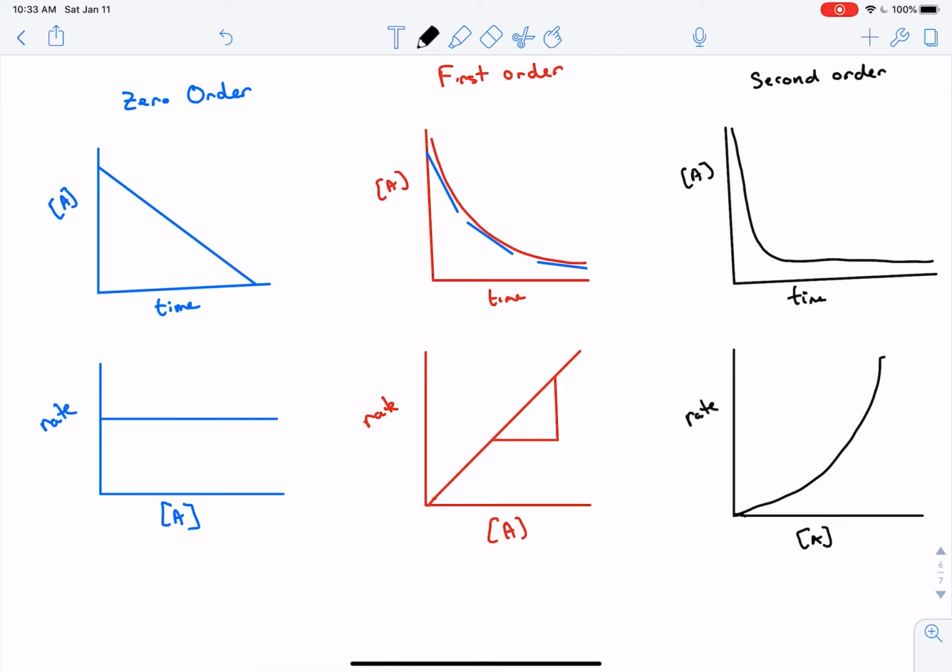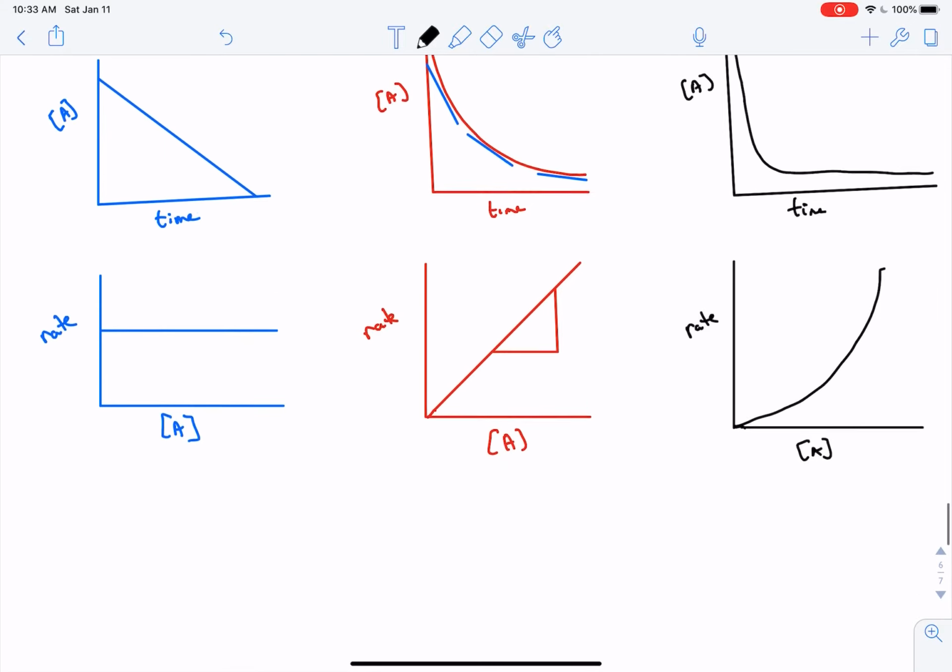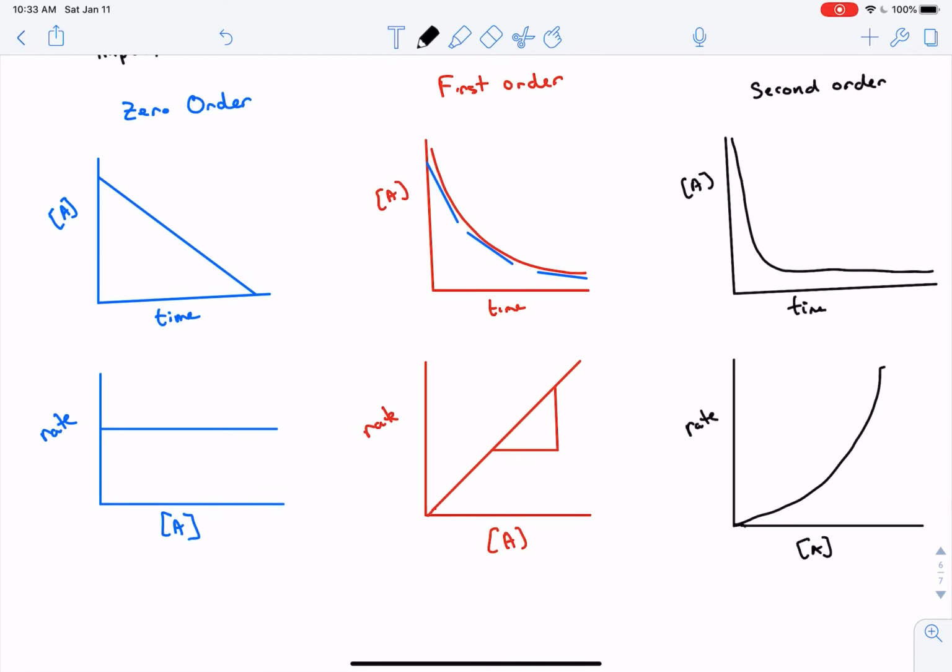Giselle? Oh, I thought I saw your hand up. Okay. Can you go over again why it's the rate and the concentration? I thought it was rate over time. No. So these are two different graphs here that we have to kind of translate. The first graph up there shows change in concentration versus time.